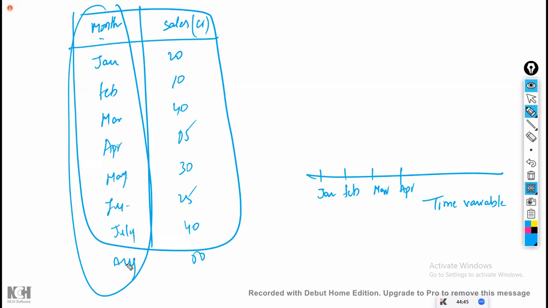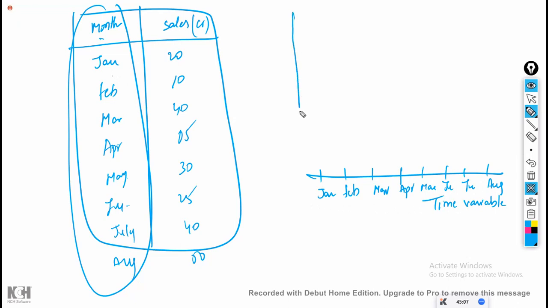You have to write the dates on the x-axis. If month, month on the x-axis. If week, week on the x-axis. If year, year on the x-axis. Whatever the time series variable is, it should be on the x-axis.